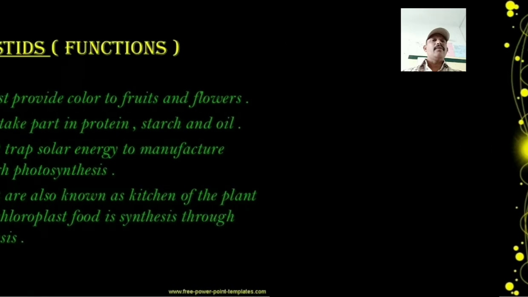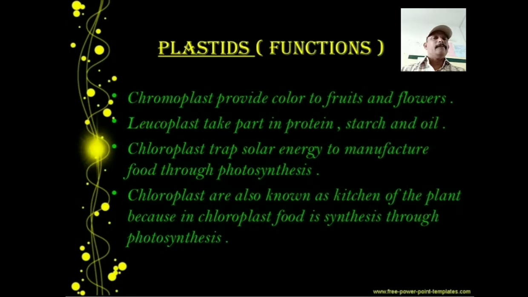Now we will discuss the functions of the plastids. Chromoplasts provide color to fruits and flowers. Leucoplasts take part in storing proteins, starch and oil. Chloroplasts trap solar energy to manufacture food through photosynthesis.